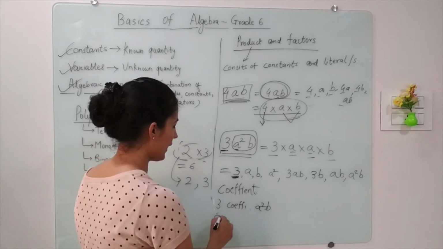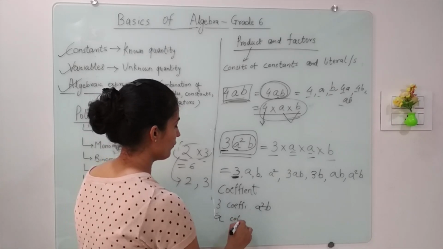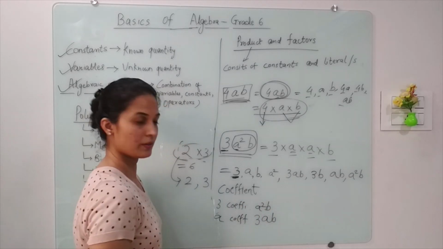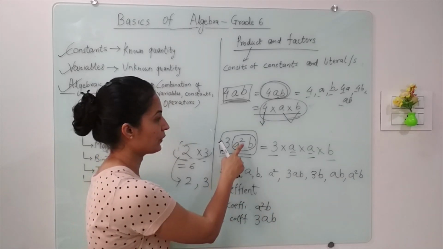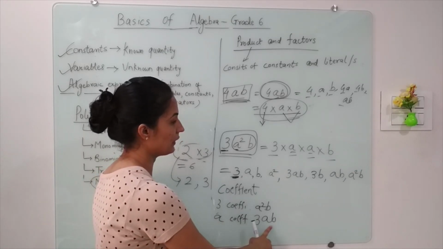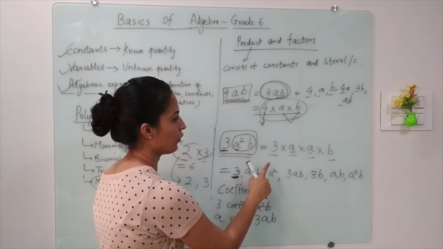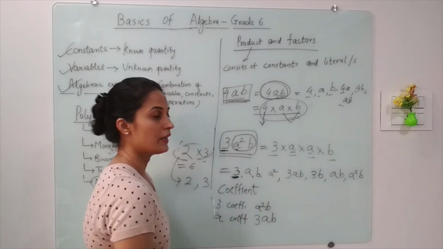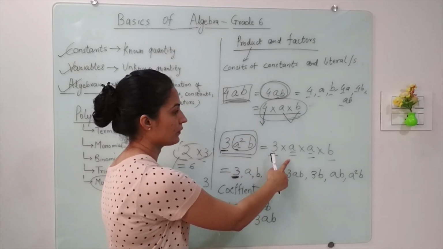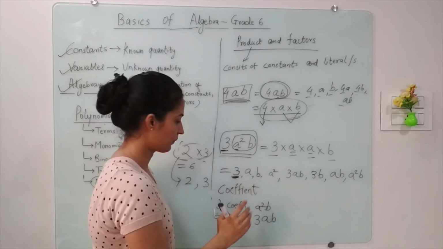Similarly, if I take only a, then a is a coefficient of 3ab. Here I have taken only a, not a square. I have taken only one a as a coefficient. So this a is a coefficient of 3ab. Each factor is called the coefficient of the other factors in a term.